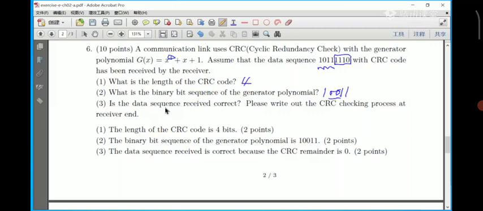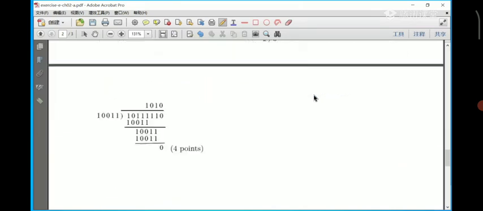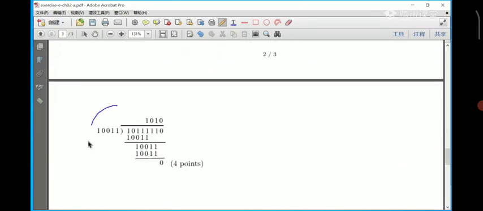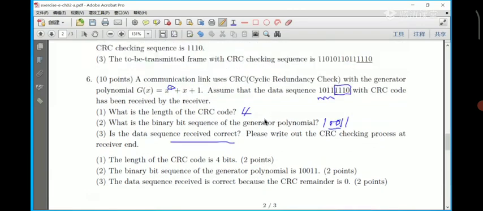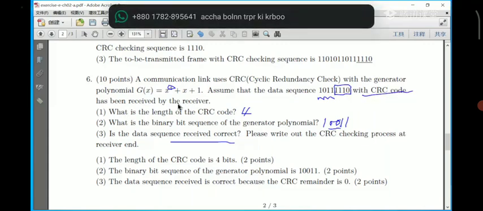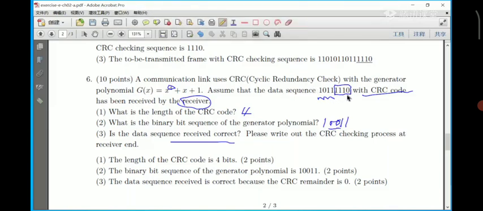Then, is the data sequence received correct or not? We should use modulo-2 division. Here, no 0 bits are appended, because it is the data sequence received with the CRC code.